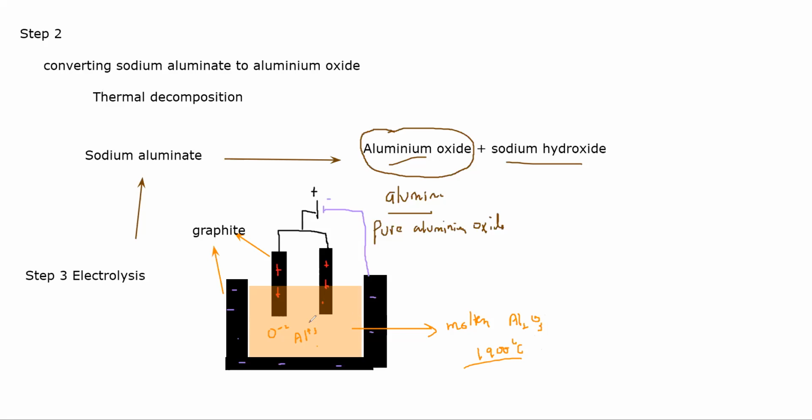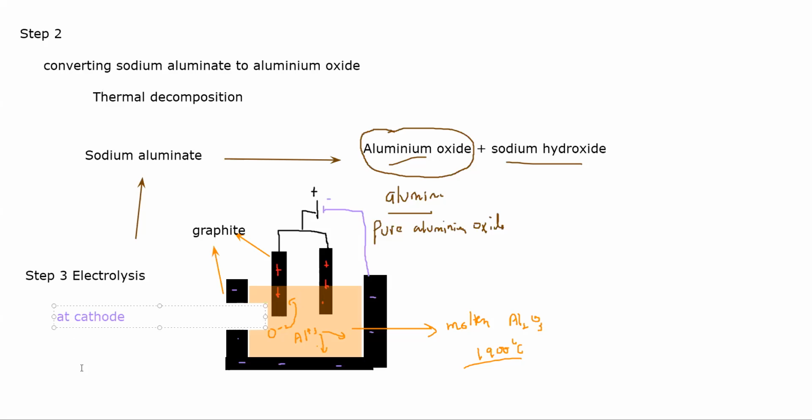When it is melted, in a molten state, aluminum ions can move towards the cathode, the base or the wall, and oxygen ions will move towards the anode. So what happens at the cathode, the negative terminal?